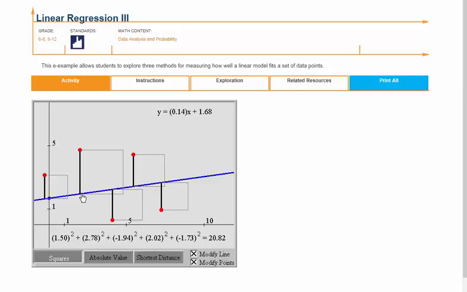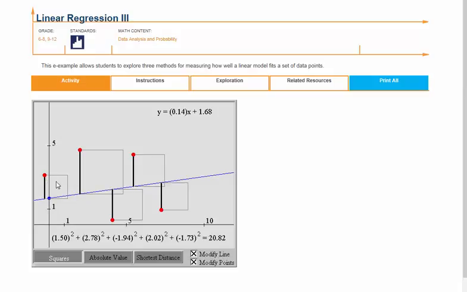The negative ones should cancel out the positive ones. I may not be at that right this second. So we square them because then it won't matter if they're below the line or above the line. Our goal is to minimize the area inside those squares.